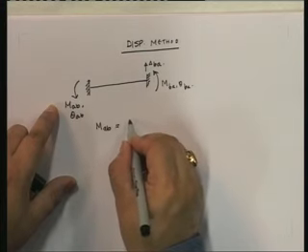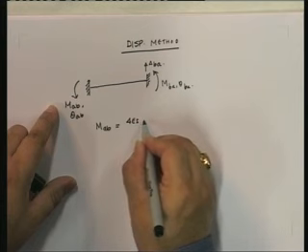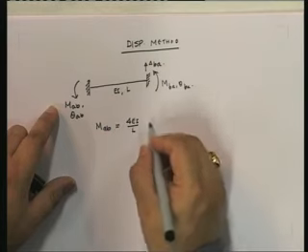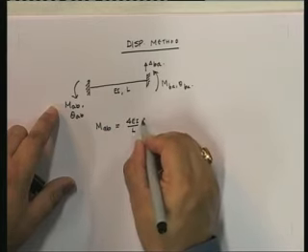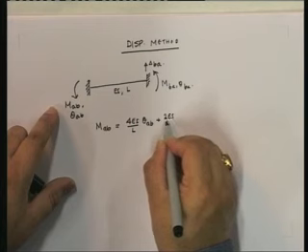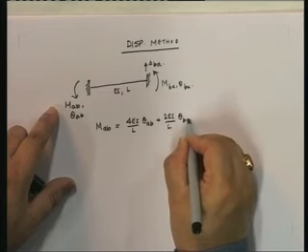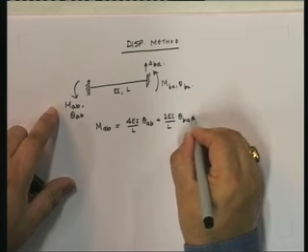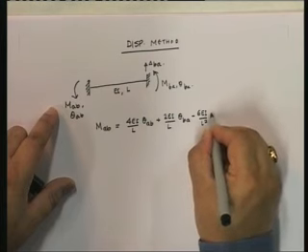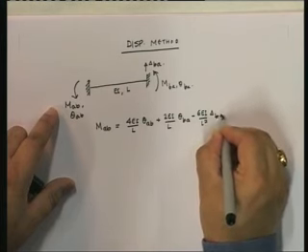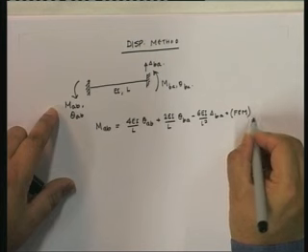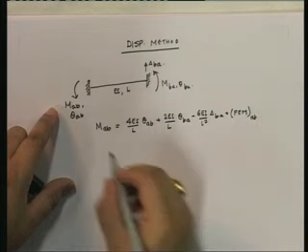MAB is equal to 4 EI by L theta AB, where EI is the constant flexural rigidity and L is the length, plus 2 EI by L theta BA, minus 6 EI by L squared delta BA, plus fixed end moment at AB.